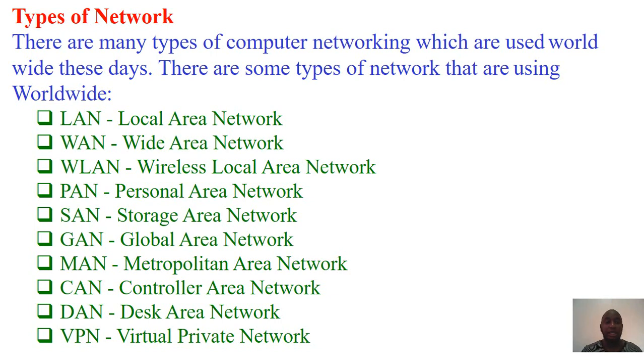The first one is a local area network. A second one is a wide area network. We have a wireless local area network, which is slightly related to the local area network and the wide area network. We have the personal area network, the storage area network, the global area network, and the metropolitan area network.